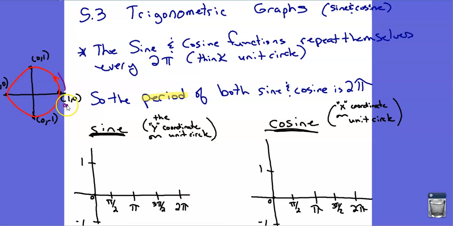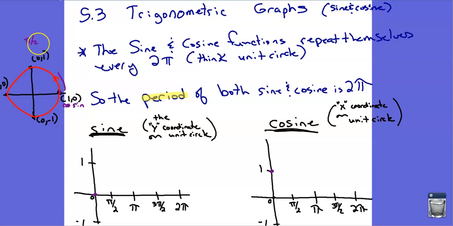Keep in mind, this is cosine and then sine. At 0 radians, like I haven't moved yet, notice cosine is at 1 and sine is 0. So the sine function at 0 radians is at 0, and cosine at 0 radians is at 1. We can go all the way around, but let's focus on the primary points.